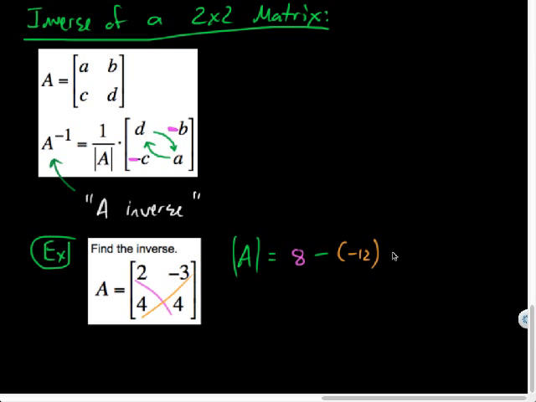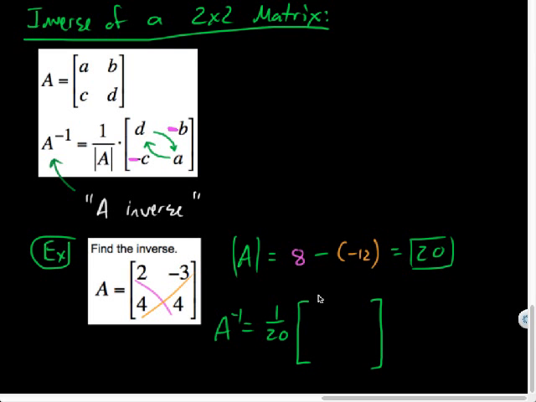If I subtract those, it's actually becoming adding, so that's going to be 20. So that means A inverse is going to be 1/20 multiplied by the following matrix.